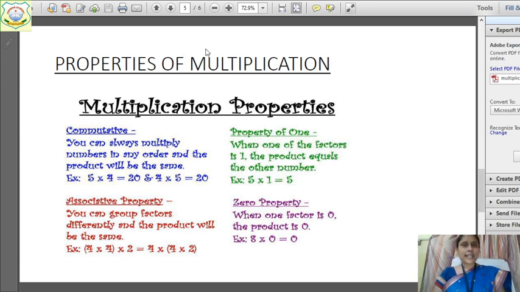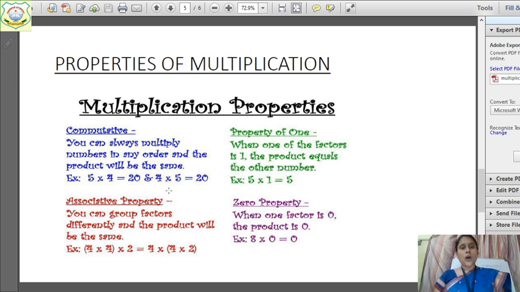Properties of multiplication. How many properties were there? Yes, there were 4 properties that we have learned today. First was commutative property. What does commutative property say? You can always multiply numbers in any order and the product will be same.